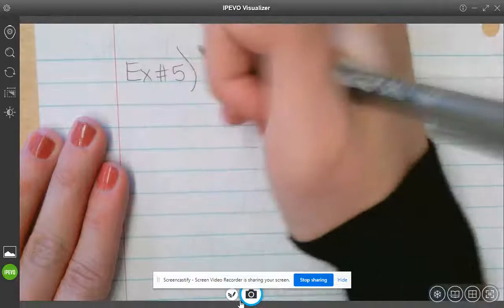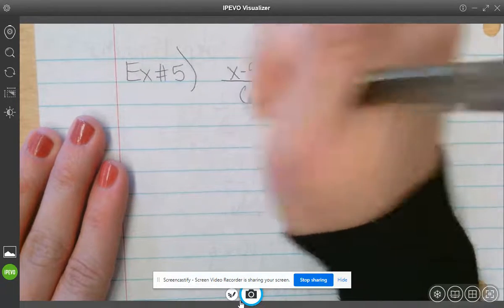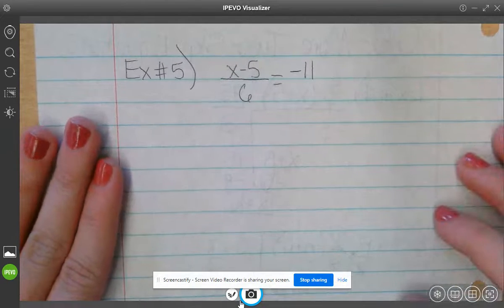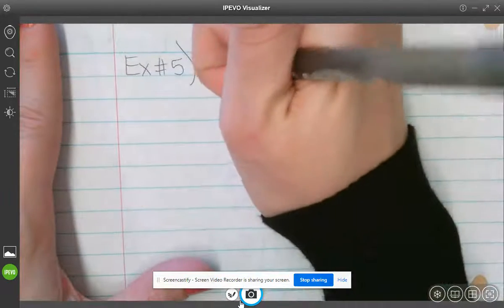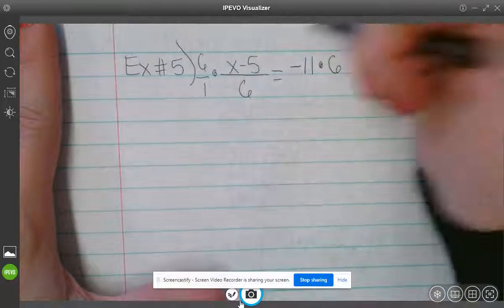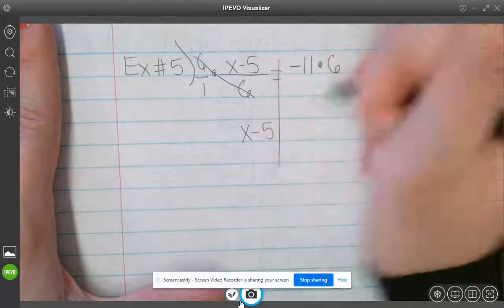Okay, let's do another one. Number 5. X minus 5 on top, 6 on the bottom equals negative 11. Okay, so I need to get rid of my 6, so I'm going to multiply by 6. Multiply by 6. That goes away, so I'm left with x minus 5.